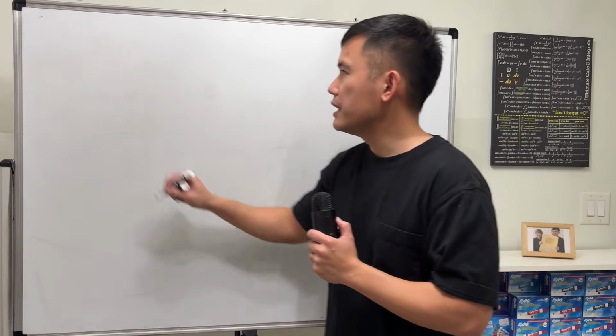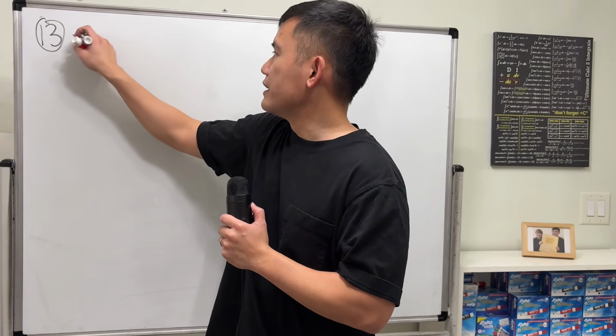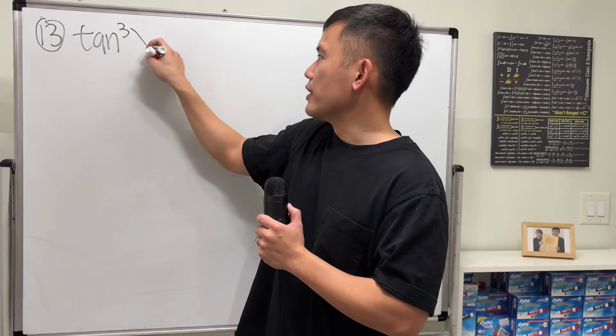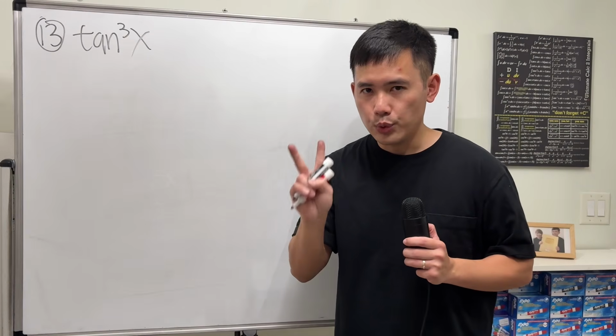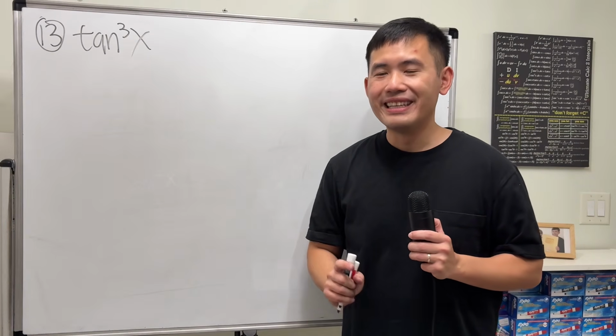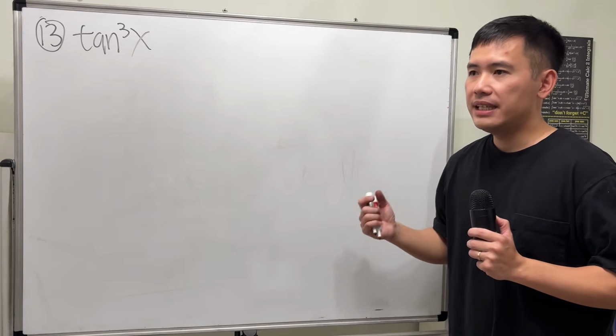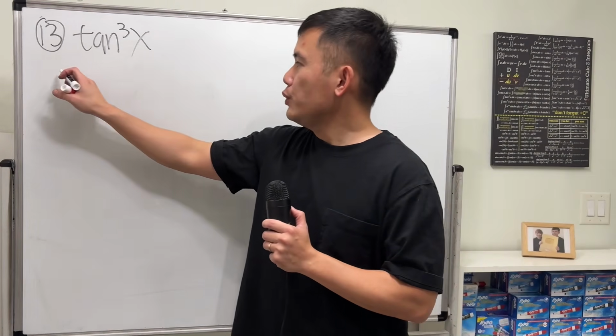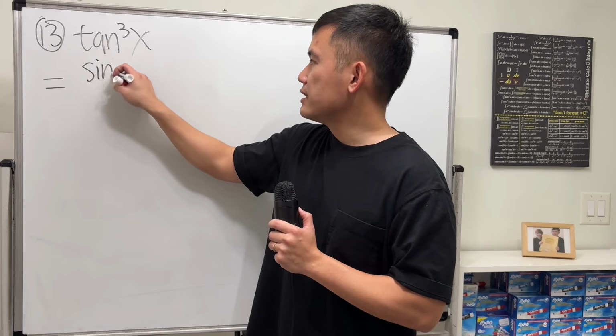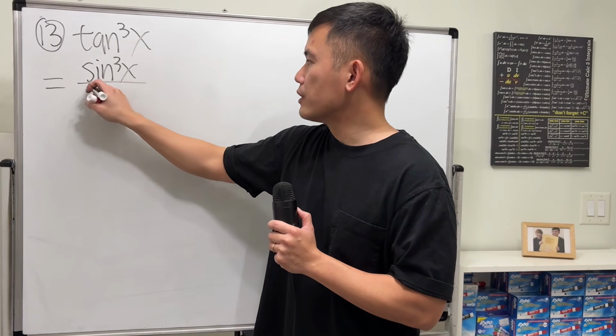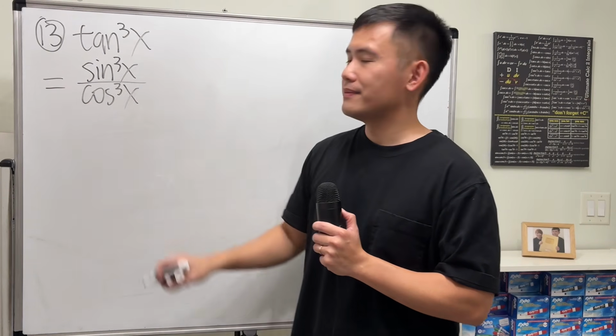Okay, for number 13, we have tangent to the third power x. And I will give you guys two integral ready forms. The first one is with sine and cosine, and the second one is with secant and tangent. If you do this with sine and cosine, you write this as sine to the third power x over cosine to the third power x.